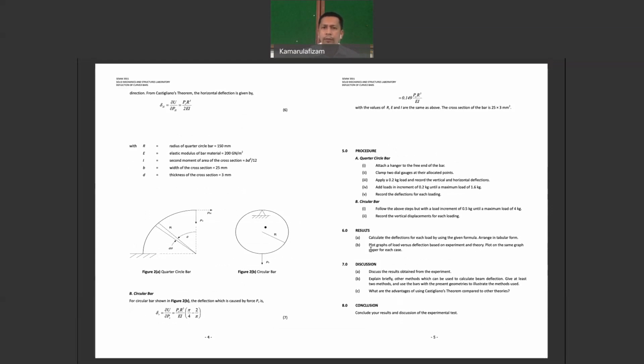All right, and then you have the number 5, the procedure, for both quarter circle bar and circular bar, and then for the result, you can put the data into tabular form or the graph.